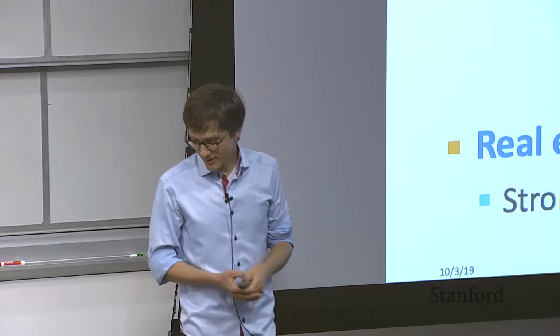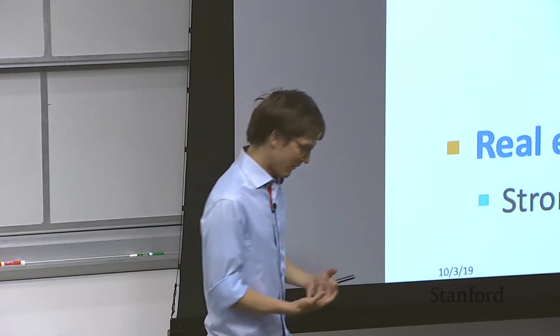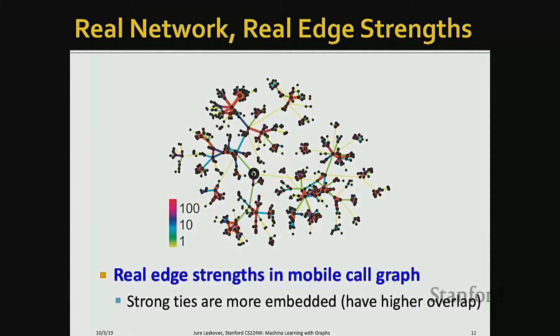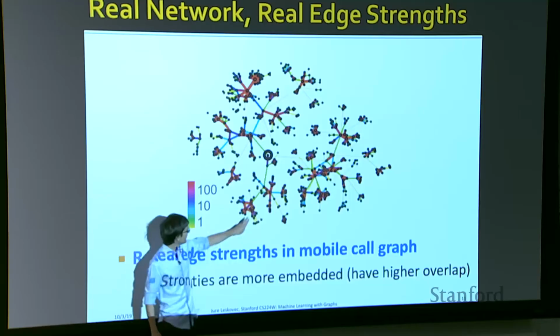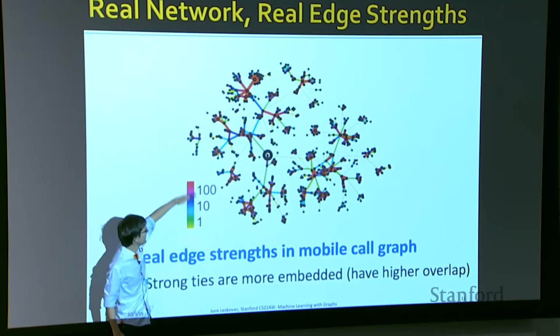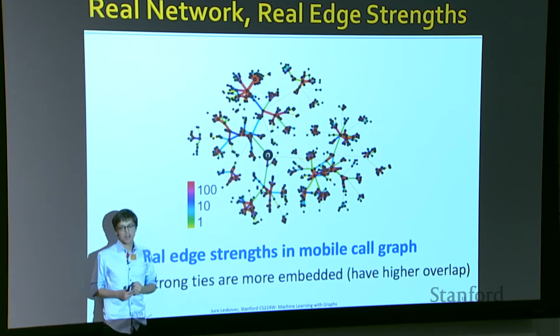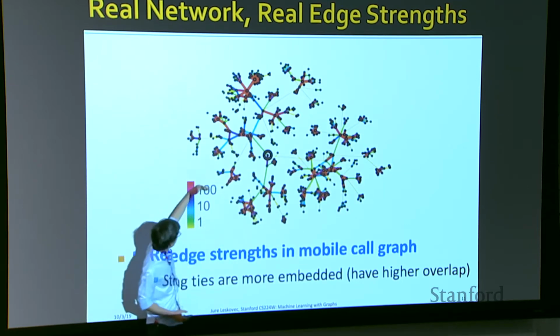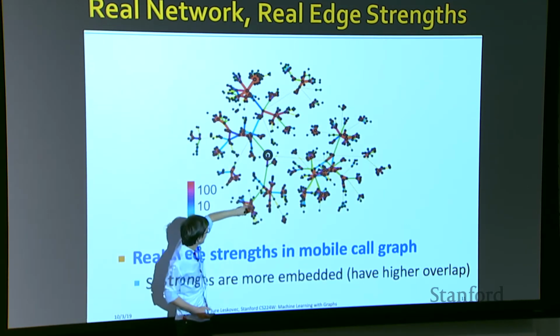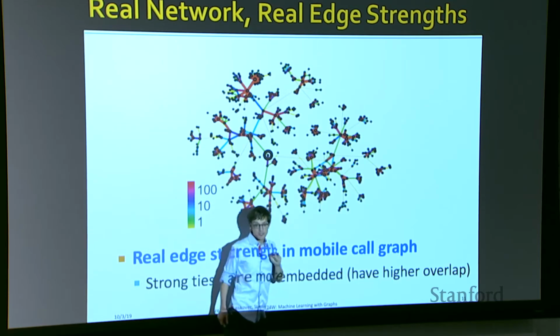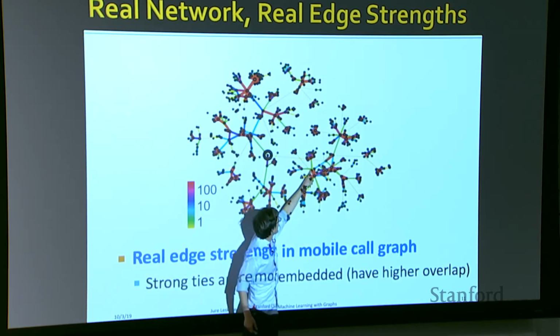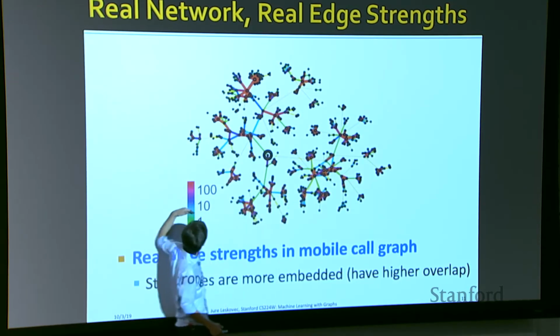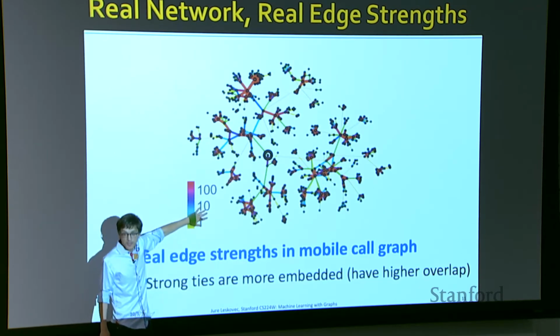To give you another, perhaps more striking visualization of this, this is one small part of these social networks of phone calls, where the color indicates how many phone calls there are between a pair of people. And you see that red, which means a very high number of phone calls, is clustered in these little regions. And you notice that these other edges are green and yellow, so they are much weaker.